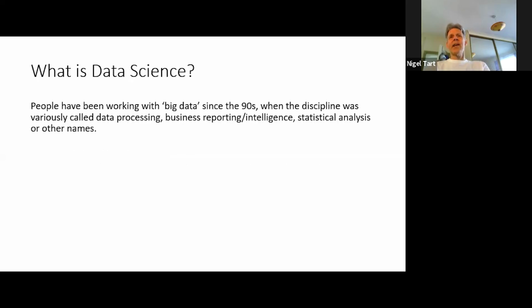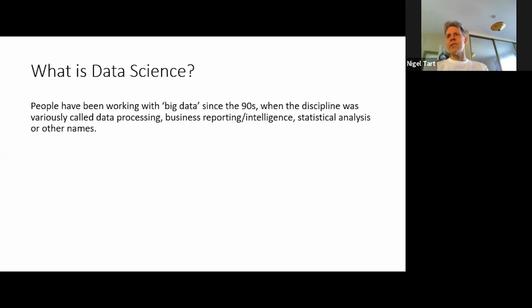Data science is a bit different. People have been working with big data since the 90s, when those data warehouses started expanding. It was called all sorts of things back then: data processing, business intelligence.